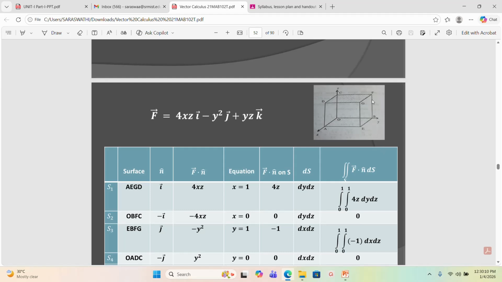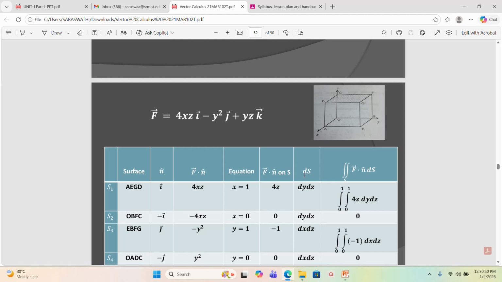And the third case, E, B, F, G. Here the value of y is equal to 1. So n cap is equal to j vector, and j dot j equals 1, so f vector dot n cap is equal to minus y². Since y equals 1, it is minus 1² equals minus 1.